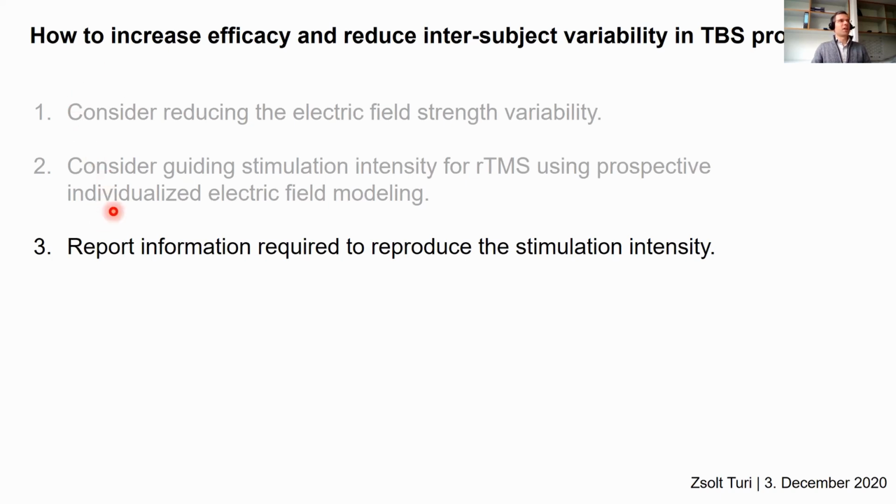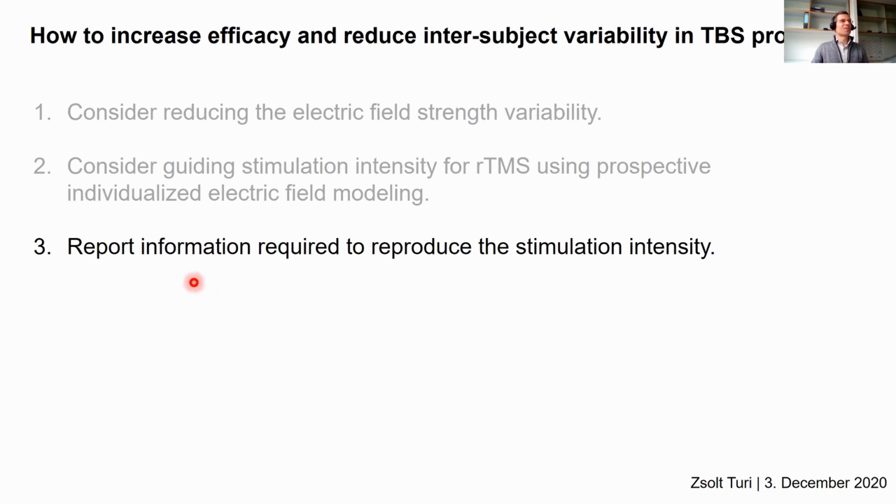So my last suggestion, where I would like to address how to increase the efficacy and reduce the intersubject variability of TBS protocols, is rather a practical one. Here you need to apply prospective E-field modeling, but my third suggestion is something everyone can do right away.